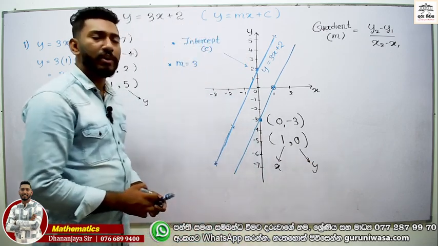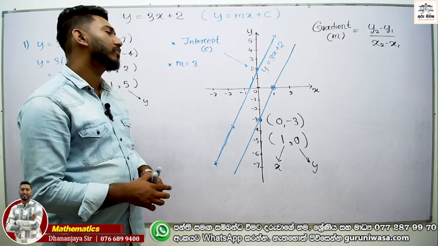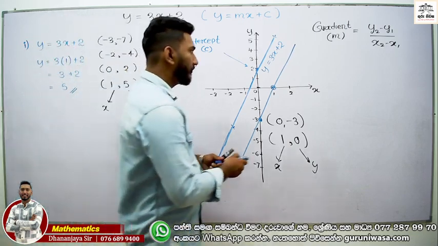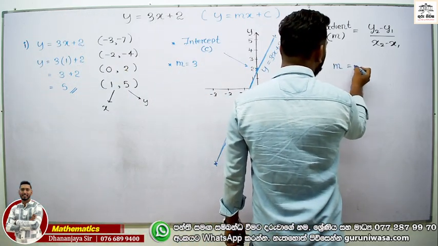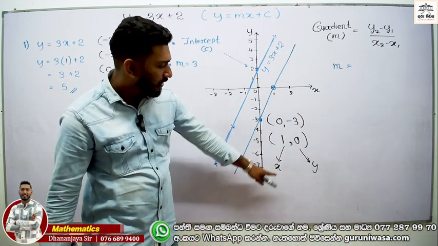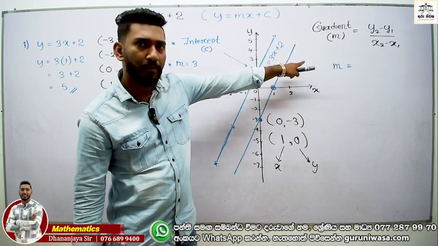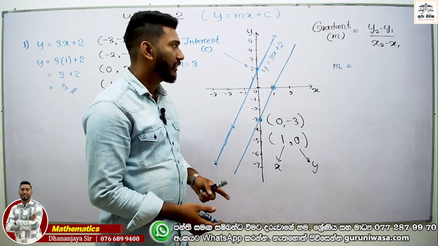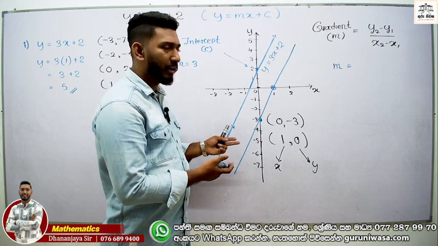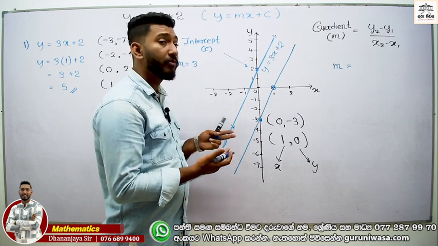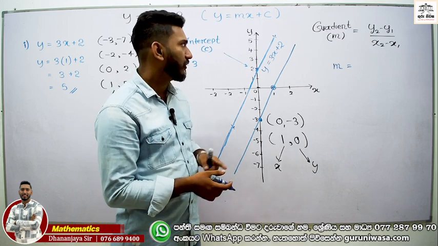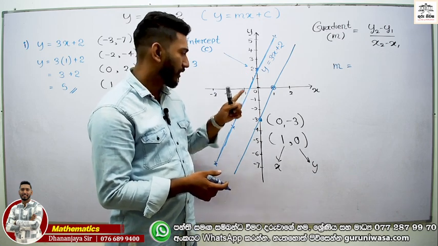Now we are going to find the difference between the y coordinates. Gradient equals the difference of y coordinates. This is the reasoning part, and we have to mention it. They are parallel, but we have to prove that. This is the proving part, the show-that part, that we call the reasoning part.